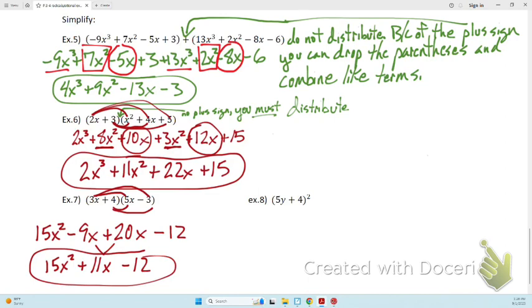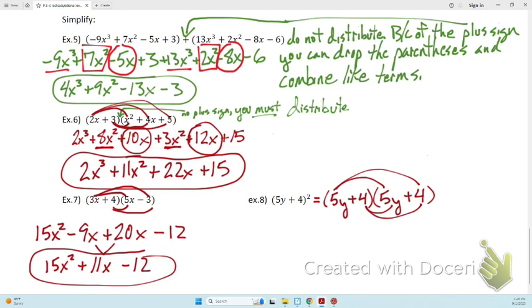All right, number 8. Please, please notice this square. There's a lot involved with that. What I would do if I were you is write it twice. Some people can remember the pattern and do all this in their head, but you should end up with 4 terms, not 2.